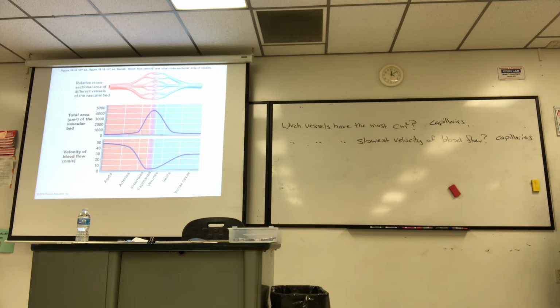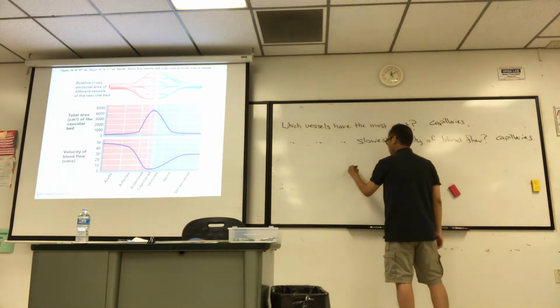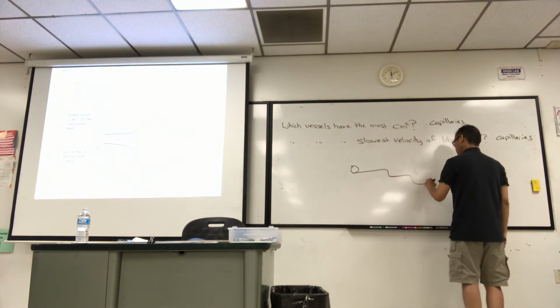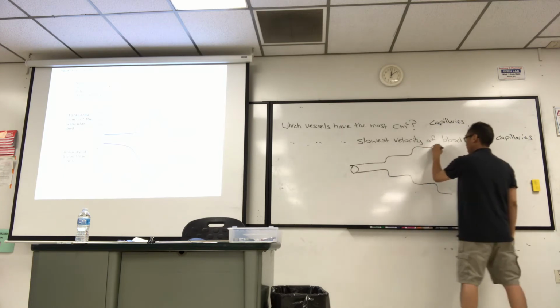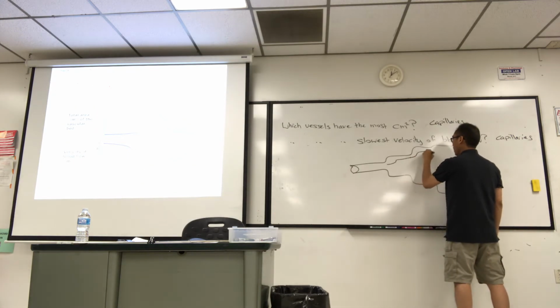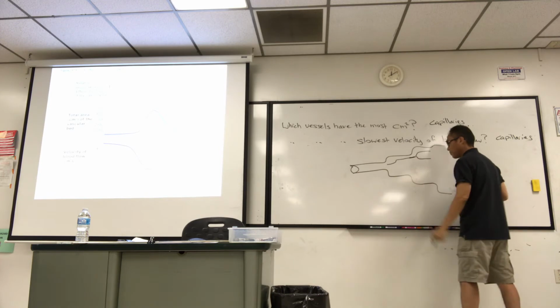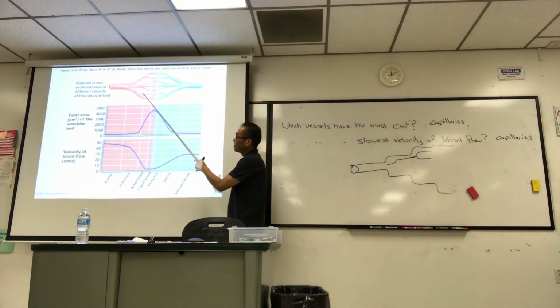The idea of fluid flow is studied in physics, and for blood flow in this class, the idea is pretty simple. I was going to draw this, but I'm not going to try.